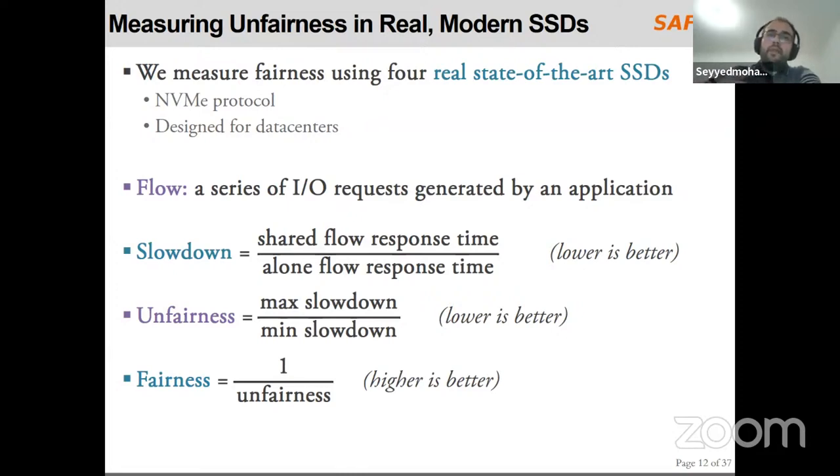By dividing the response time in the shared scenario by the response time in the alone scenario, we can calculate the slowdown. When we have several flows, each flow has a slowdown. By dividing the maximum slowdown across these flows by the minimum slowdown, we can calculate the unfairness, where lower is clearly better. In order to calculate the fairness, we basically calculate the reverse of unfairness. Then higher is better.